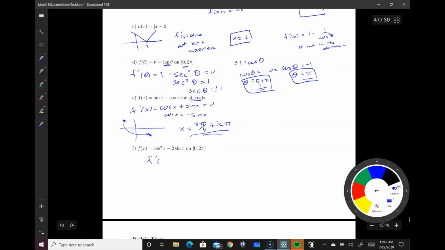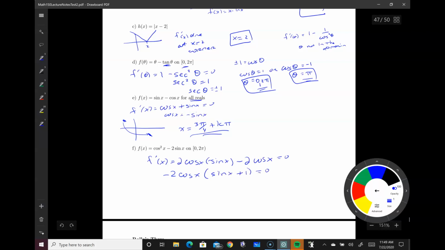So take the derivative. I get 2 cosine of x times negative sine of x, because that's chain rule happening, and then minus 2 cosine of x. Setting it equal to 0, be really careful. Factor out the 2 cosine of x. How about even we factor out a negative 2 cosine of x? So inside here, I'm left with a sine of x plus a 1 equaling 0.